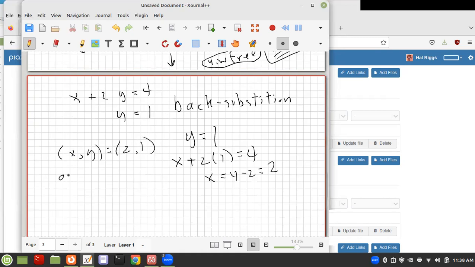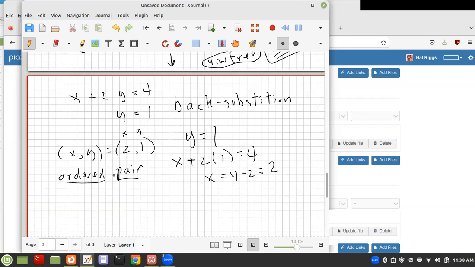This is called an ordered pair. That's one way of recording the solutions, because if I write down the solution as 2, 1, I always mean the first slot is X and the second slot is Y. The order in an ordered pair is always the same as in a linear system, so there's no ambiguity.